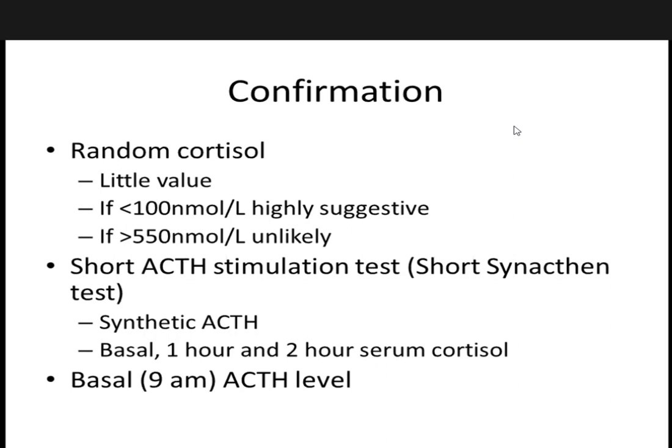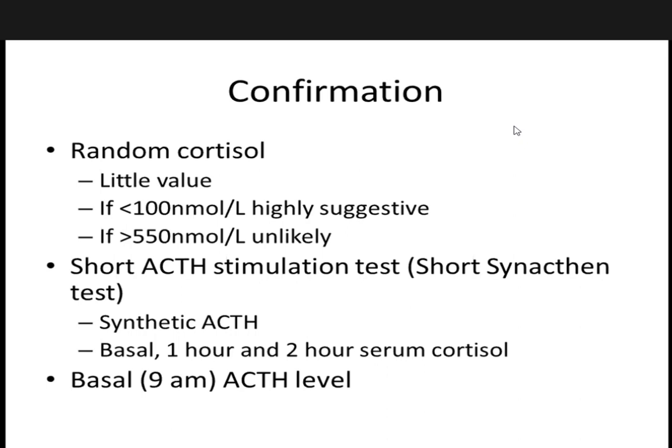So suppose the patient has come with low blood pressure, dehydration and all that, and you found the blood sugar is low, and you suspect that the patient is in Addisonian crisis, and again the sodium is low, and immediately you do a random cortisol, if it is less than 100 in that kind of stressful condition, right, that would support the diagnosis of Addison's syndrome, highly suggestive, right?